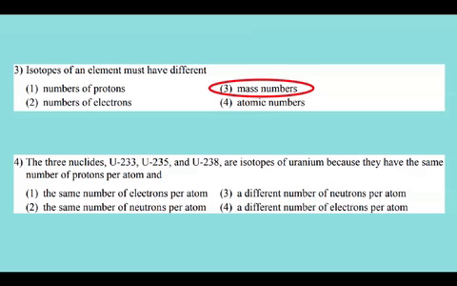Or they could have given you one asking about the number of neutrons. And then 4, you have 3 nuclides of uranium, 233, 235, and 238. They're asking why they're isotopes: because they have the same number of protons and a different number of neutrons.